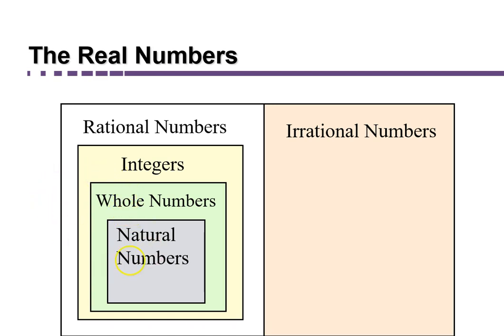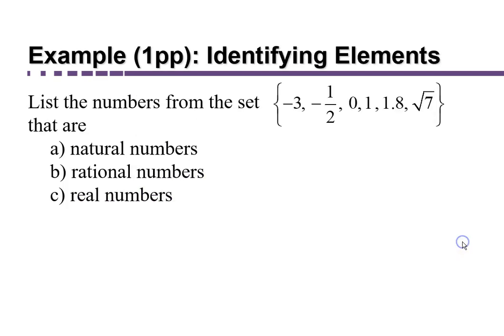Adding a 0, you get whole numbers. Adding their opposites on the other side, you get the integers. Then between the integers, you get fractions. But remember, natural numbers are all of these things. Whole numbers are all of these things, except they're not natural numbers. And then we've introduced the irrational numbers.